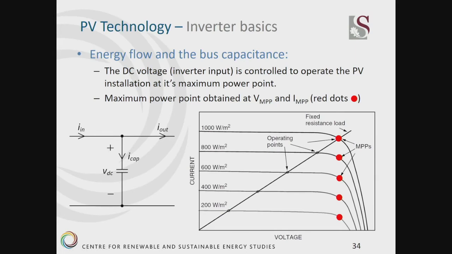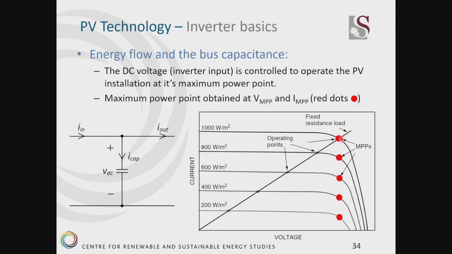We want to operate the PV panels at the maximum power point. Maximum power point for different irradiance levels are shown here on the IV curves with the red dots. If we connect a fixed resistive load, as shown here by the red line, and the irradiance levels change, the modules won't be operating at their maximum power.